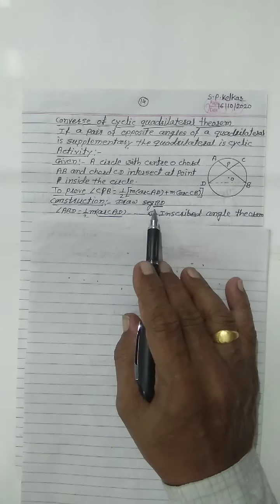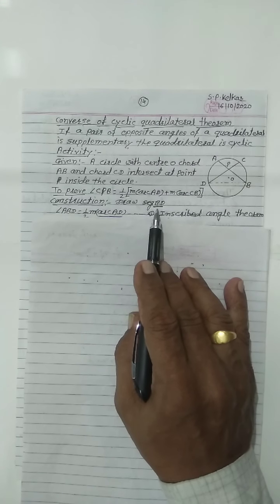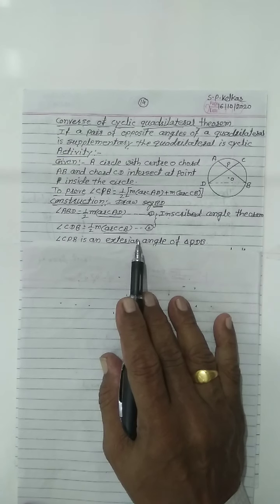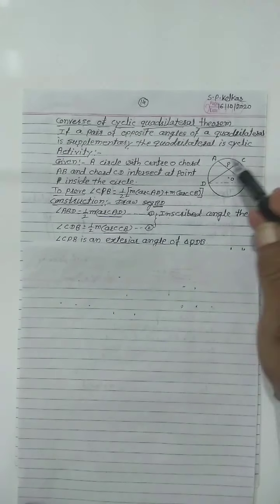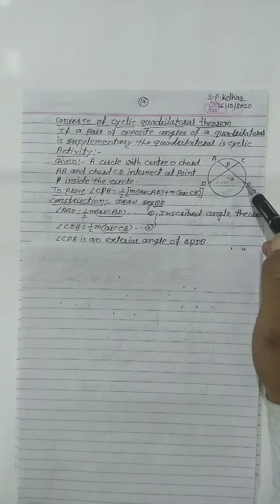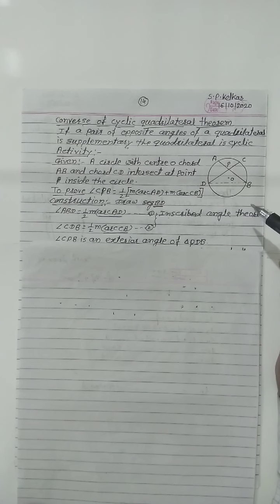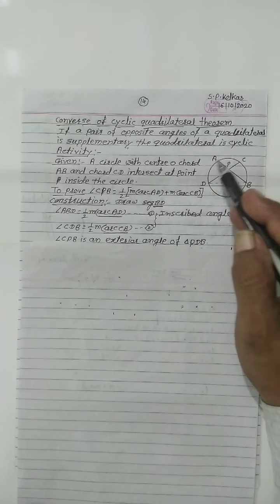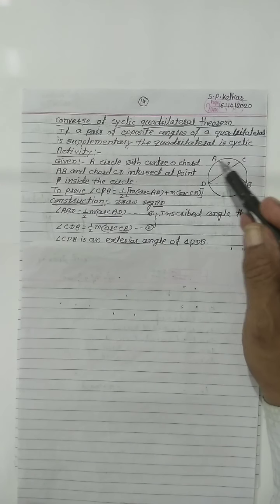Construction: draw segment BD. Angle ABD is an inscribed angle.